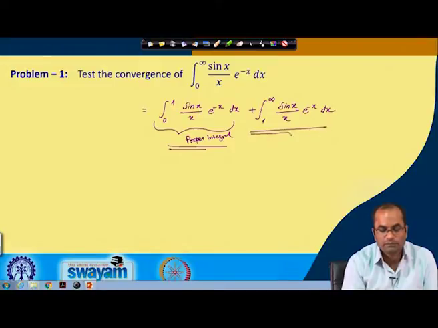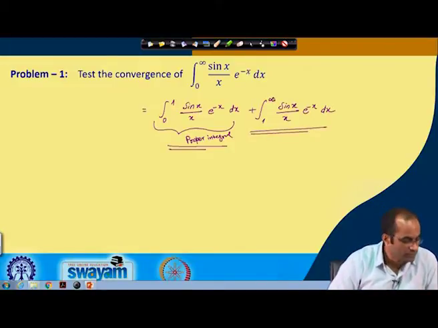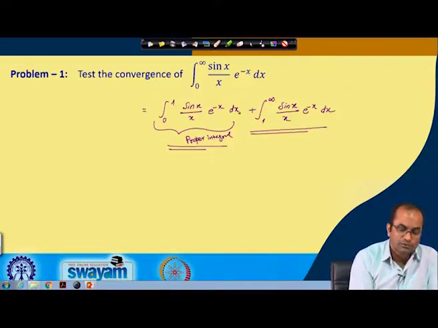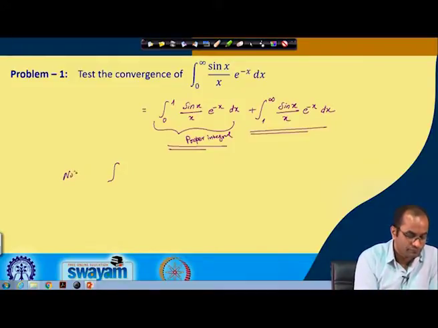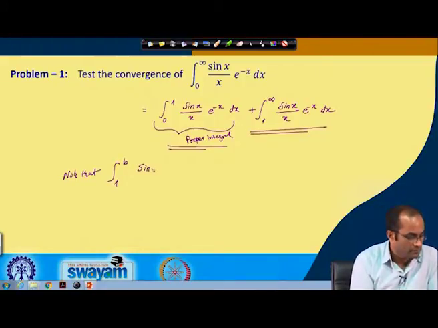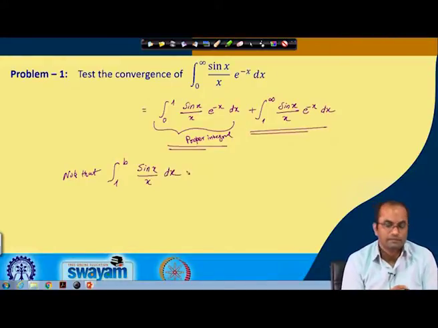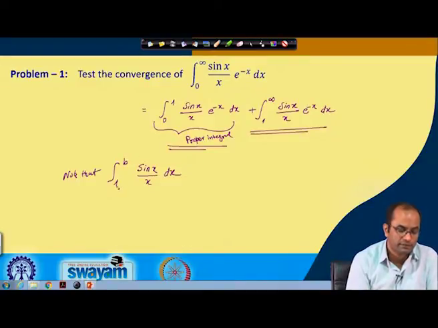For the second one, because of the infinity, we have to test what type of result we get. So, now we take this integral from a to b, with b above 1, of sin x over x dx. Here x goes from 1 to any number b.